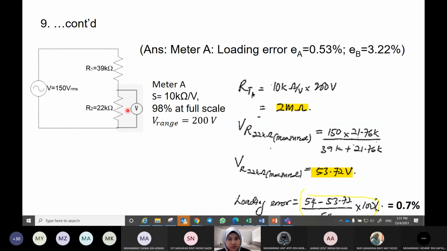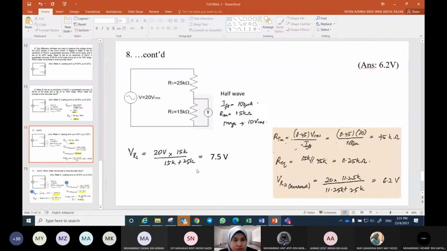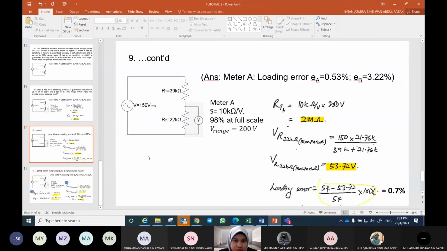Actually we have to find the R equivalent of this connection.